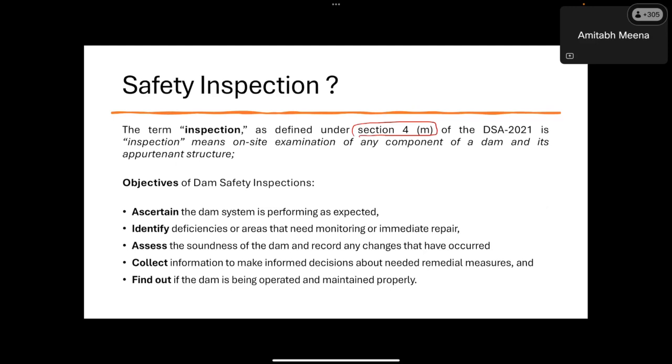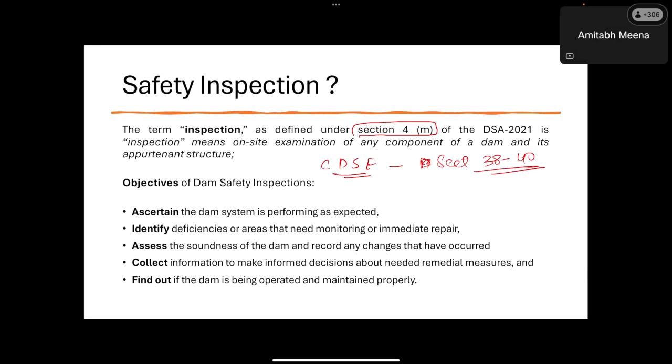Here, I would like to differentiate between these regular inspections and the comprehensive dam safety evaluation, CDSE, which is also mandated in the Dam Safety Act. It is, I think, from section 38 to 40. It is covered under these sections.